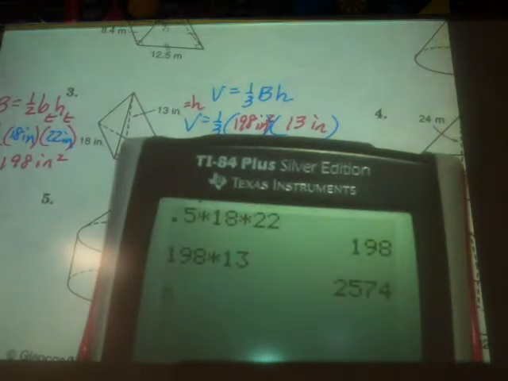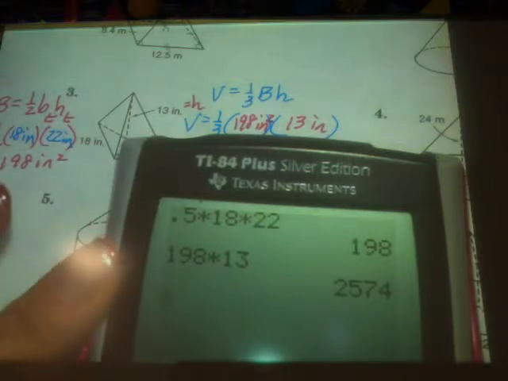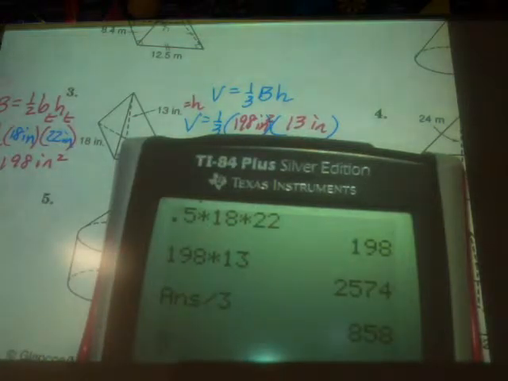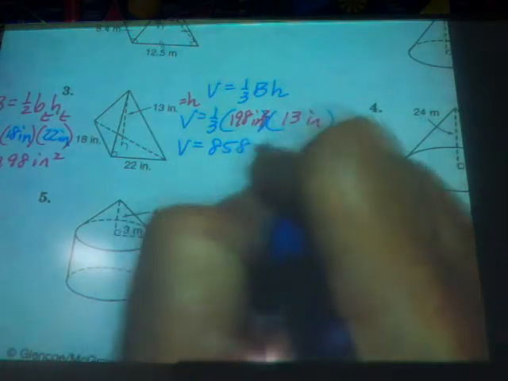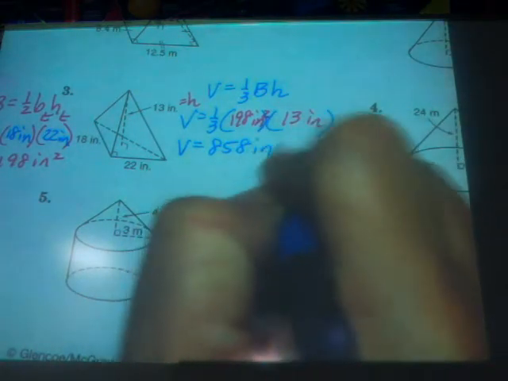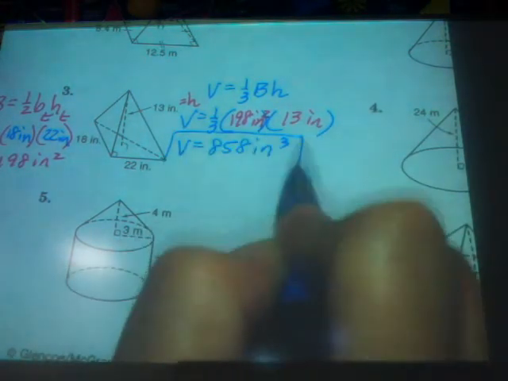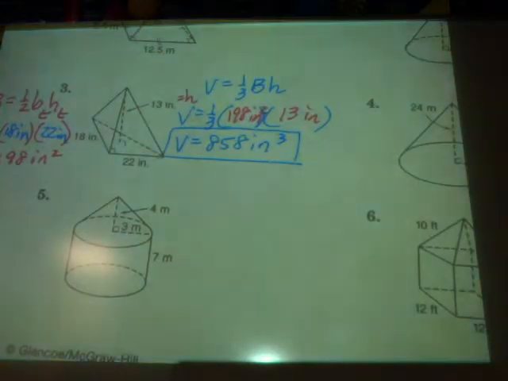And I get 2574, and then the very last thing you do is to divide by 3. That's the most accurate answer. Do not multiply by decimal equivalency, or you are going to get a wrong answer. And so I end up with 858. So volume is 858 inches squared times inches is inches cubed. Bless you.